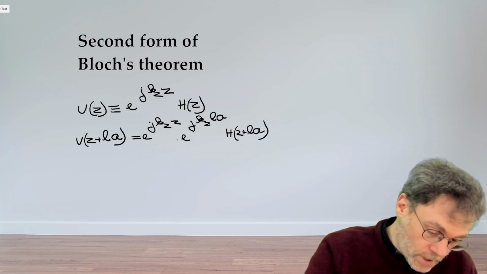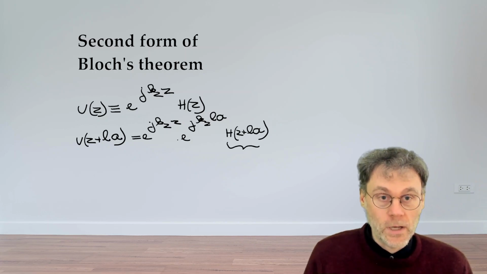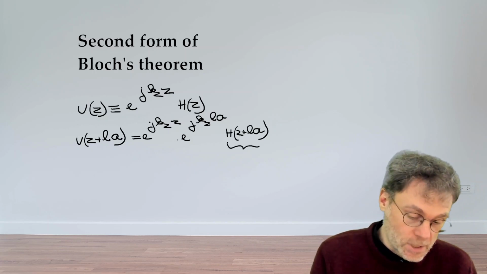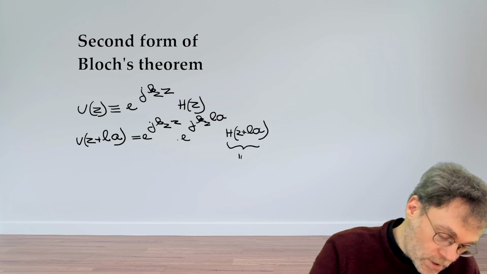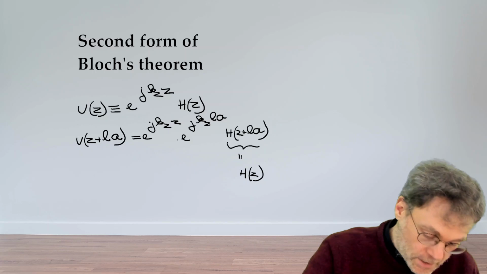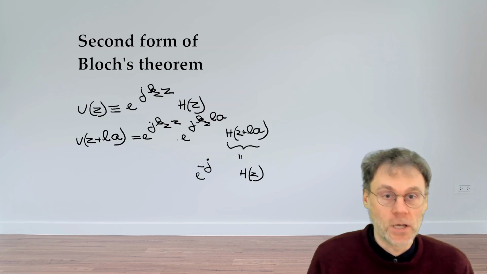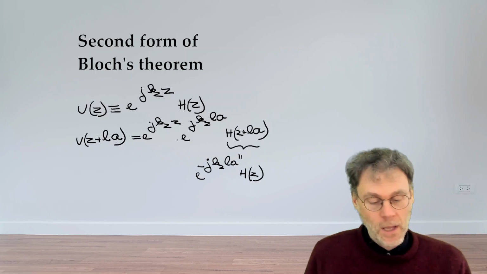But let's not forget, this h here is a Bloch mode, so we can apply Bloch's theorem. And Bloch's theorem tells us that h of z plus LA, if we relate that to h of z, we basically have h of z times exponential minus j kz LA.